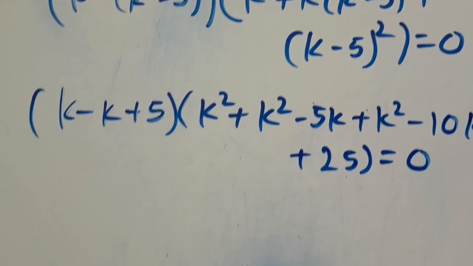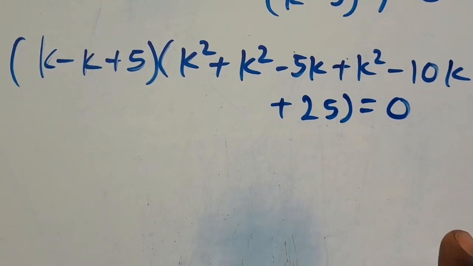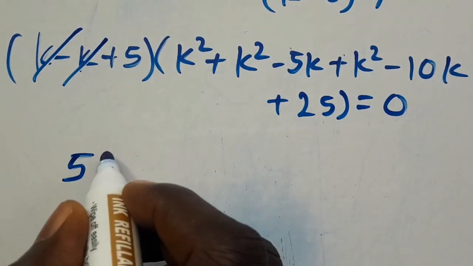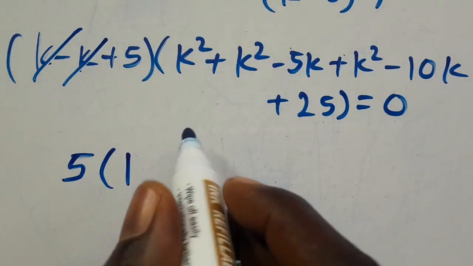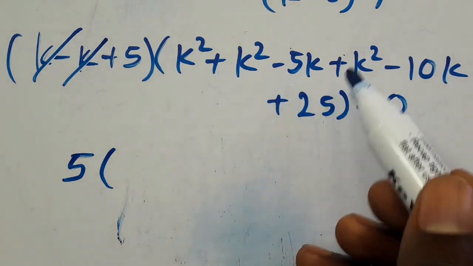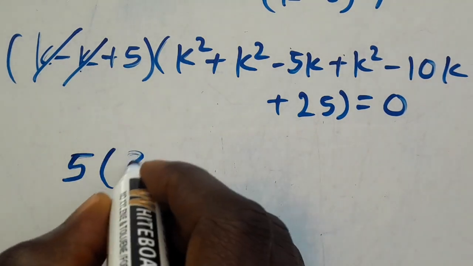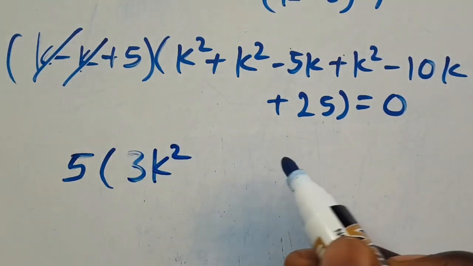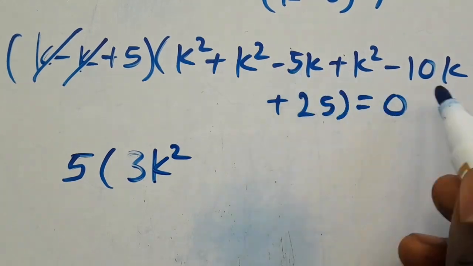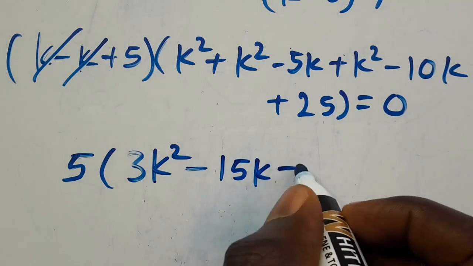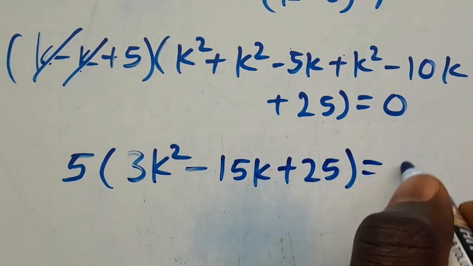We close it, we set everything to be equal 0. So this and this we cancel, we have 5 outside. Here will be k squared is k squared. We have it to be 3k squared. Then here will be minus 5k minus 10k. We have here to be minus 15k plus 25.